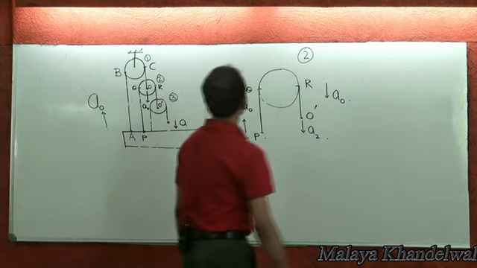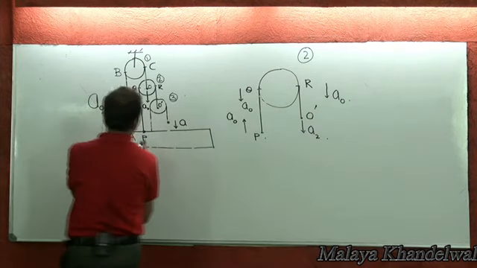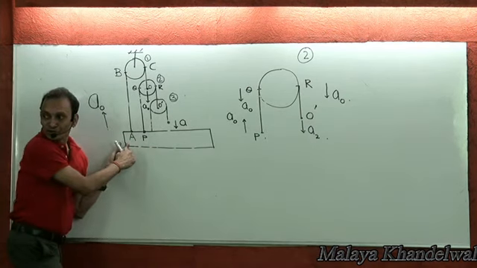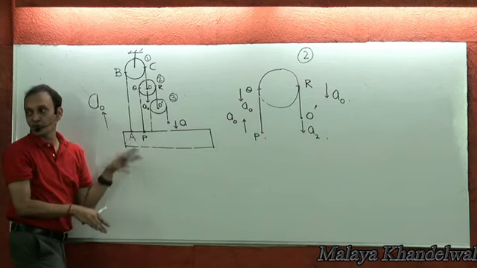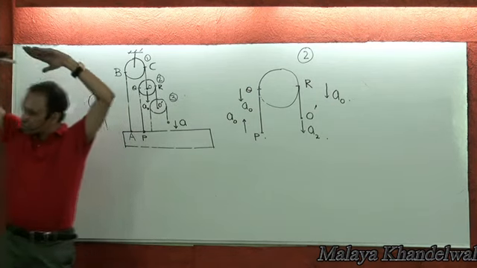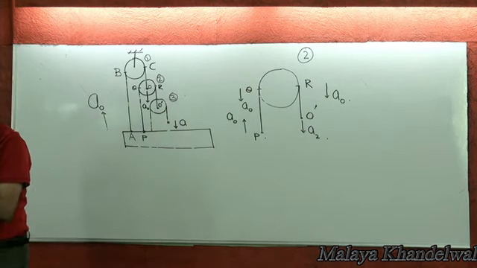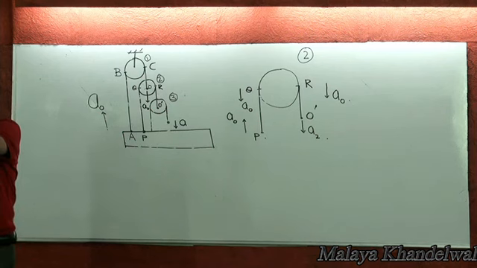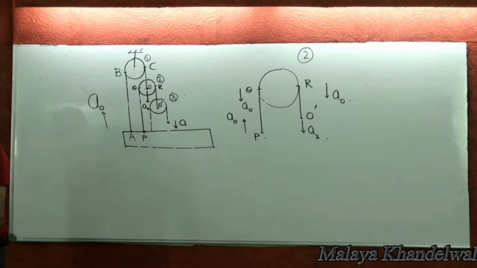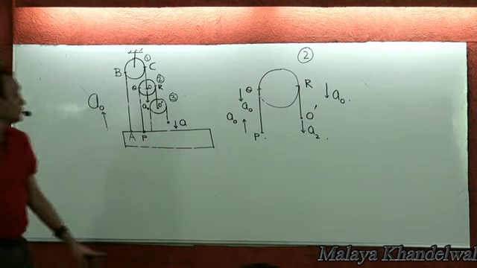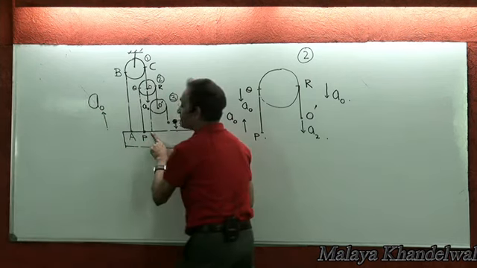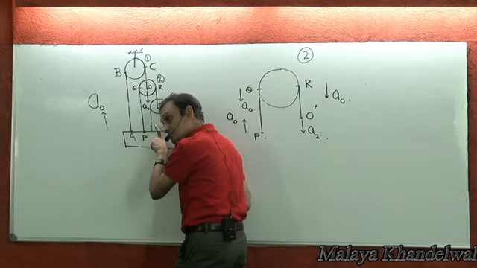P is connected to this block. So if this block has an acceleration a naught, then all points on this block will have an acceleration a naught. Yes or no? If this pen is moving up with an acceleration a naught, then every point on it will have an acceleration a naught upwards. Clear, no? In fact, even this point will have an acceleration a naught upwards.